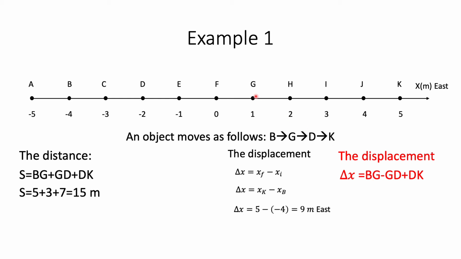Then from G to D, so it moved this way, so it's going west. Then west is a negative direction, so I put it as a negative displacement. Then from D to K, in a positive direction, so positive displacement. I replace the numbers, 5 minus 3 plus 7, and we get 9 meters east, which is the same answer that we got there.